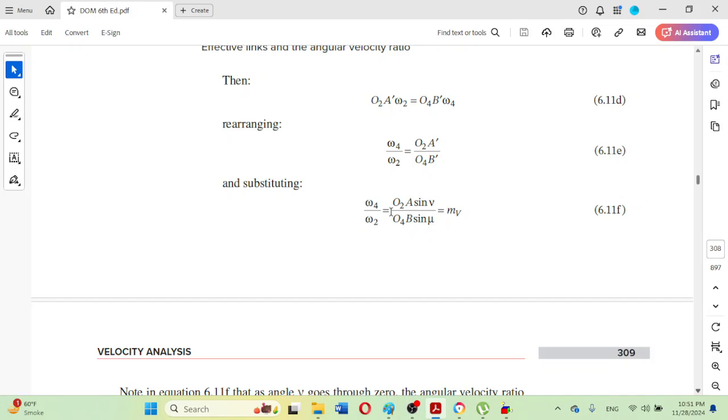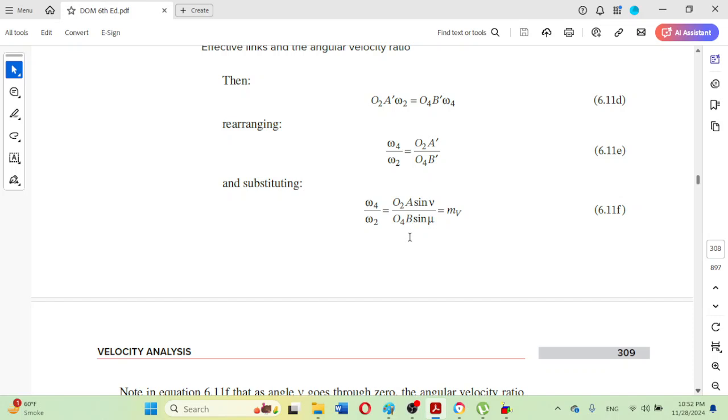We can again observe that this is also the reciprocal of the angular velocity ratio, because the angular velocity ratio is the ratio of the output angular velocity to the input angular velocity, whereas this ratio is the length of the physical or fabricated input link times sine V, divided by the physical or fabricated length of the output link times sine mu. So in the numerator is the output angular velocity, in the denominator is the input angular velocity, whereas in the link lengths, the numerator is the input link and the denominator is the output link.